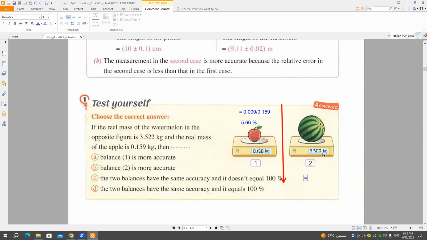The relative error of the watermelon equals 0.022 divided by the real value 3.522. Using your calculator, times 100 to get the percentage, it equals 0.6%.